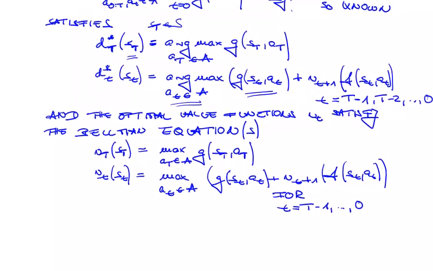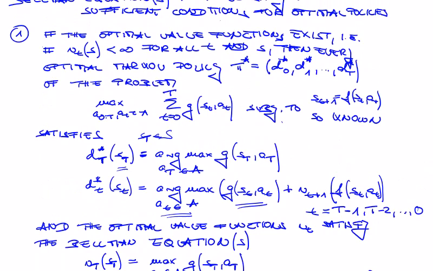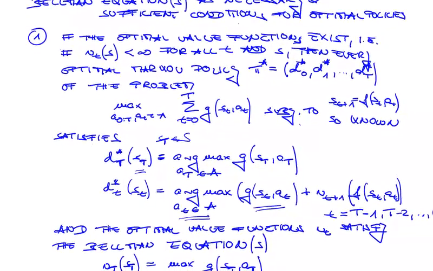So this is the necessary condition. That's like if there is a maximum at the location x star, then the first derivative is 0. So if the maximum exists, then the optimal value functions and the optimal policy satisfy these conditions.